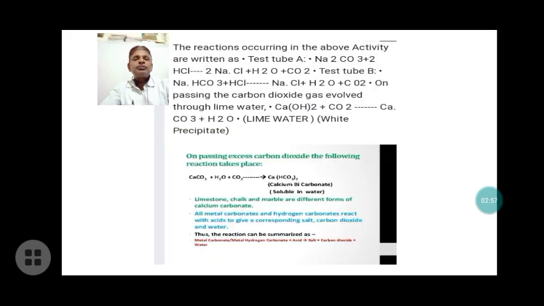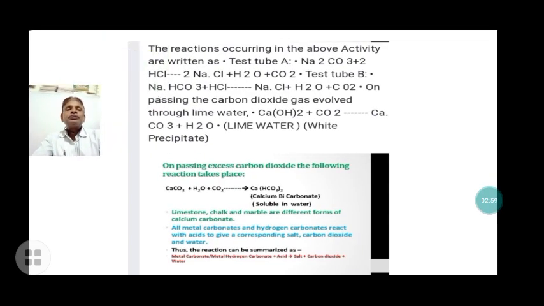Here the reaction occurring in the activity is written. In test tube A, sodium carbonate plus HCl forms sodium chloride, that is the salt, and water and carbon dioxide. That is the skeleton reaction.